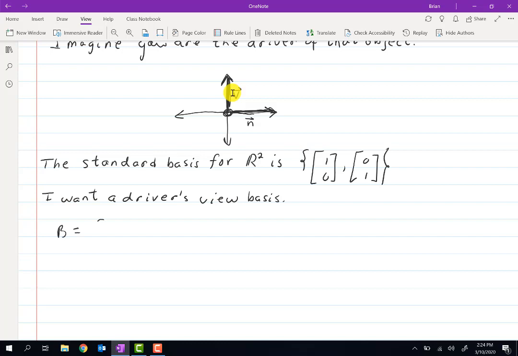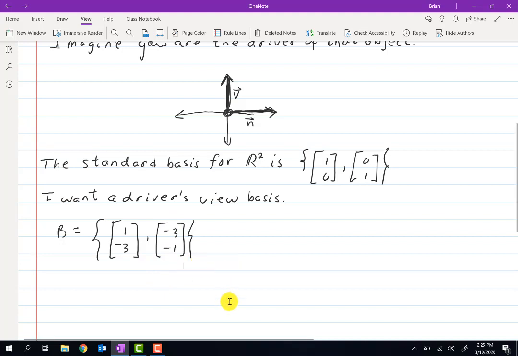Instead of my basis vectors being the standard ones, I want them to be the velocity vector, which was 1, -3, and the normal vector, which is -3, -1. This is what I want for my basis. So the first coordinate tells me which direction I'm headed, and the other coordinate gives me left and right. Now, how do we make that happen?